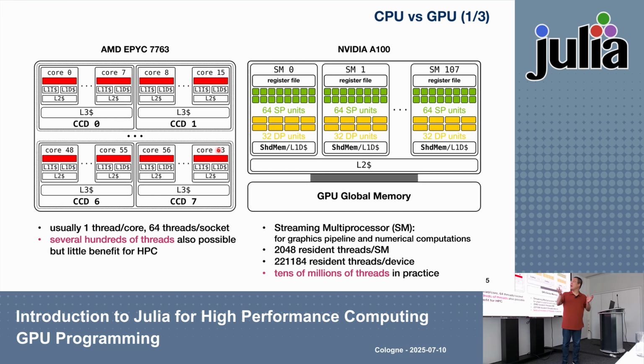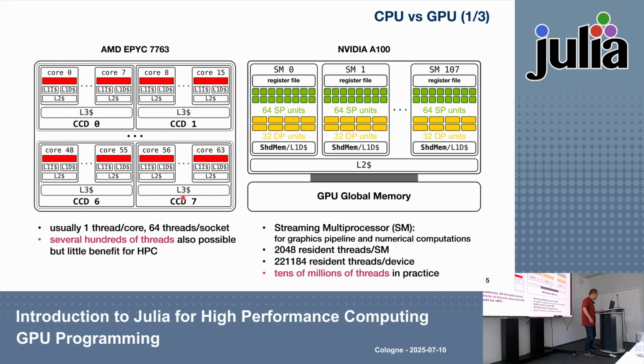And those cores are grouped together. First, for example, 8 cores form the so-called CCD, and 2 CCDs form the so-called NUMA domain. This topology of the CPU architecture is important to understand the performance.